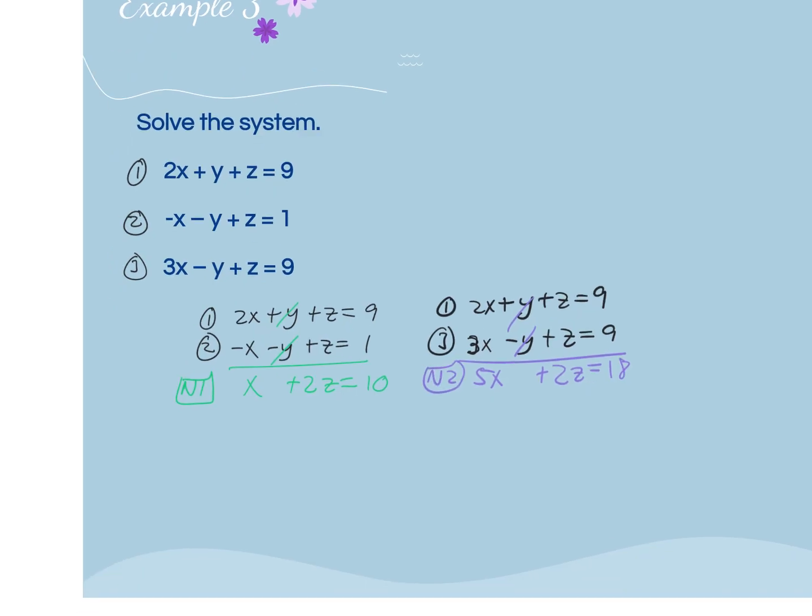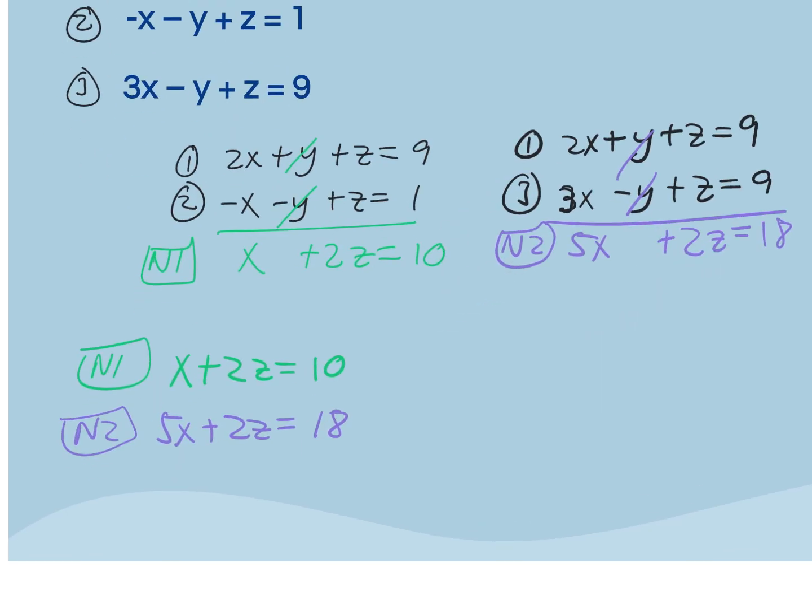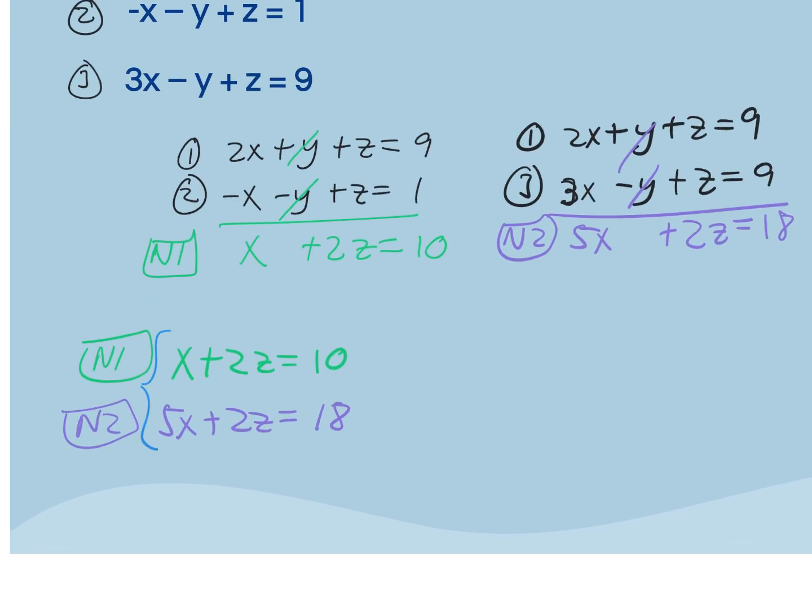All right, so then I want to solve another system using these two equations: x plus 2z equals 10, and 5x plus 2z equals 18, using new 1 and new 2. Let's solve this little mini system.